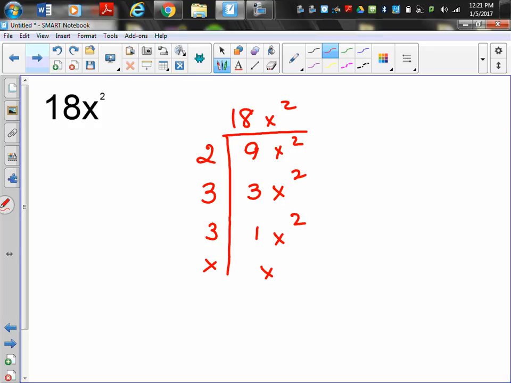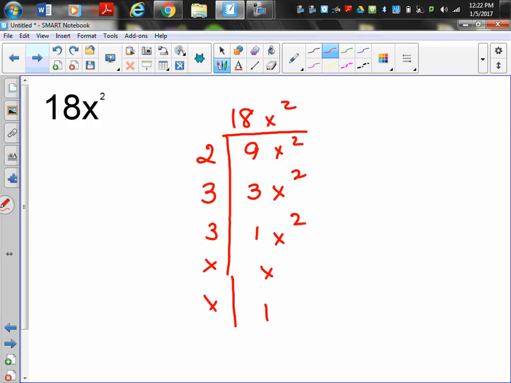Now, how do I multiply to get x? x times 1. When the only thing you have at the bottom is a 1, you're finished with your prime factorization.